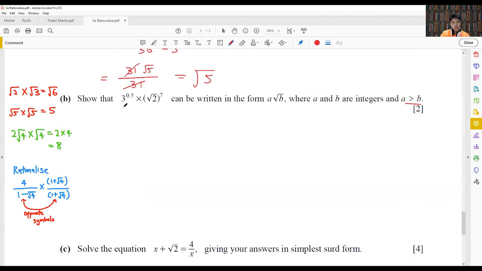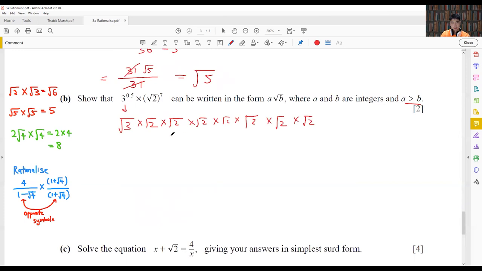What I can do is I need to know that this 3 to the power of 0.5 is basically 3 to the power of half, which is also known as square root of 3. Okay? And this is surd 2 to the power of 7, right? Meaning to say multiply by surd 2 times surd 2 times surd 2 times surd 2 times surd 2, 1, 2, 3, 4, 5, 6, and 7.